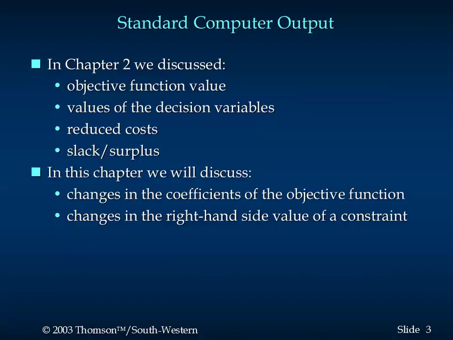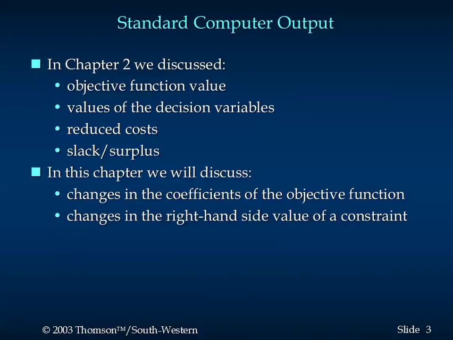In the earlier chapter, we discussed the elements of linear programming, right? So we talked about objective function values, especially the optimal objective function values, decision variable values and their optimal values. I don't think we talked about reduced cost. We'll come to that. And slack and surplus.